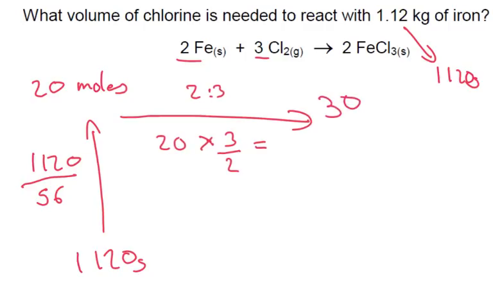So we've got 30 moles. We want to know the volume of the gas, so we're going to times that by 24. So 30 times by 24 is 720 decimeters cubed, and that is our final answer.